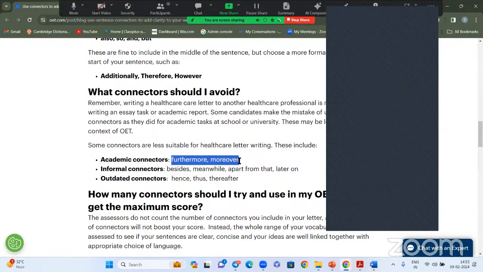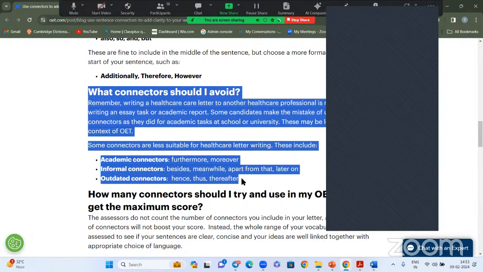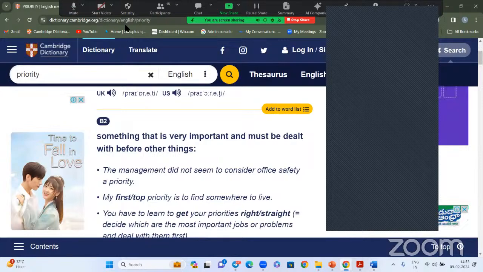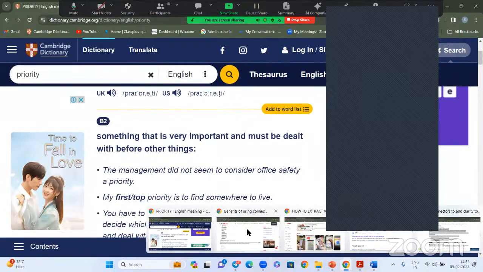Yes, I am giving you this. What should I avoid? Somebody make a list of this. I'll put it here, or I'll put it in the WhatsApp.